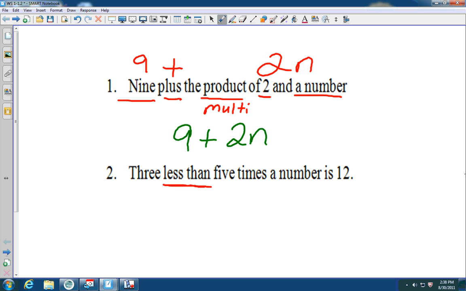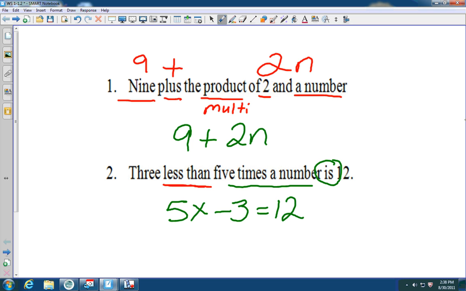So the first thing I'm going to do is take 5 times a number. Now the less than, I'm going to put it here, less than 3. Is means equals, and then we have a 12.